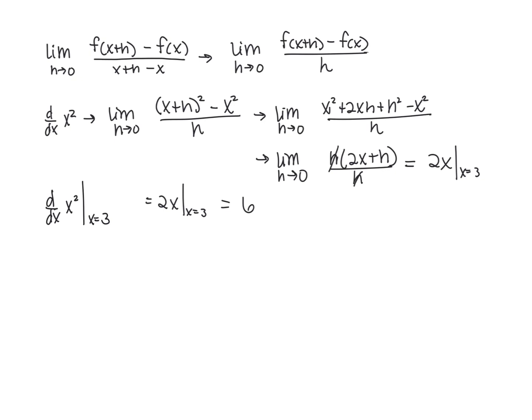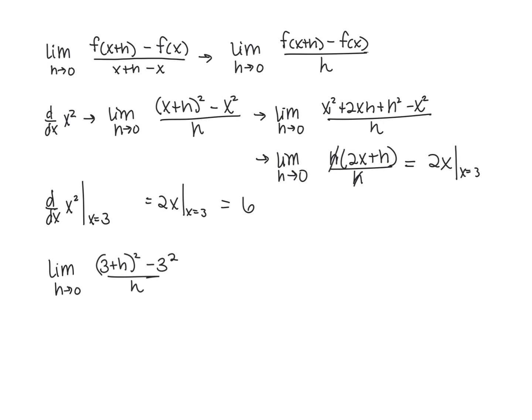Okay, why do we say that? Because this problem could have been asked a little bit differently on the AP exam. This problem could have said something like the limit as h approaches 0 of, and we could have written this problem like this, 3 plus h squared minus 3 squared over h. So this problem is not actually asking me to take this limit.